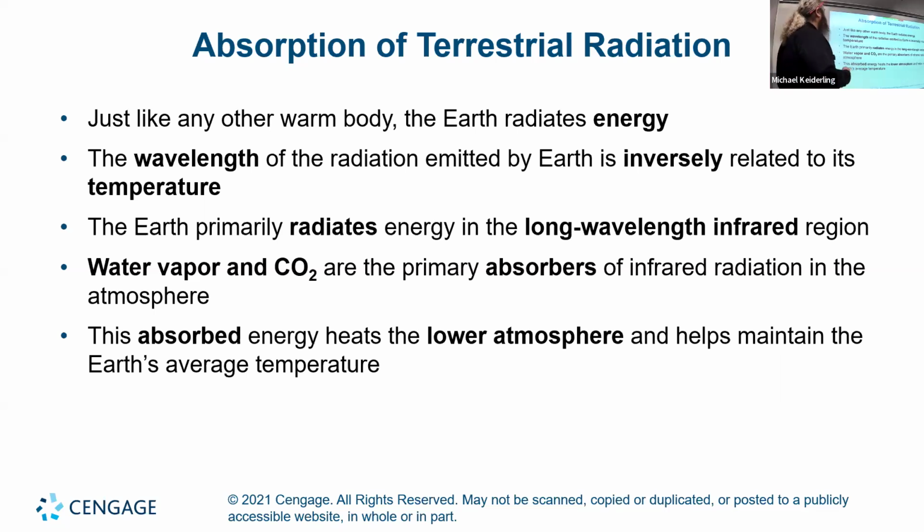And the main absorbers of that infrared radiation are water vapor and CO2. So these are the primary absorbers of infrared radiation in the atmosphere. There are some interesting tricks you can do, where there are these passive cooling paints that emit infrared radiation at a place where there's a gap in absorption.